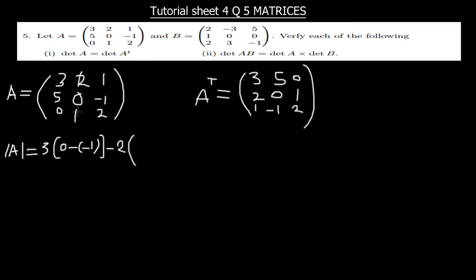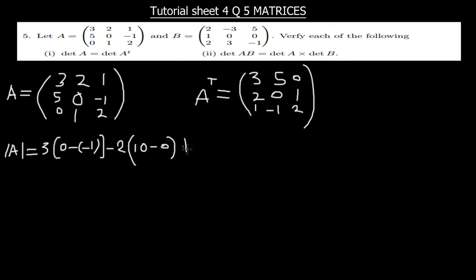So this time around I'm going to cross out this line and that line. So I'm going to remain with 5, 0, negative 1, and positive 2. So 5 times 2, I'm getting a 10. And then 0 times negative 1, I'll get a 0 like that.